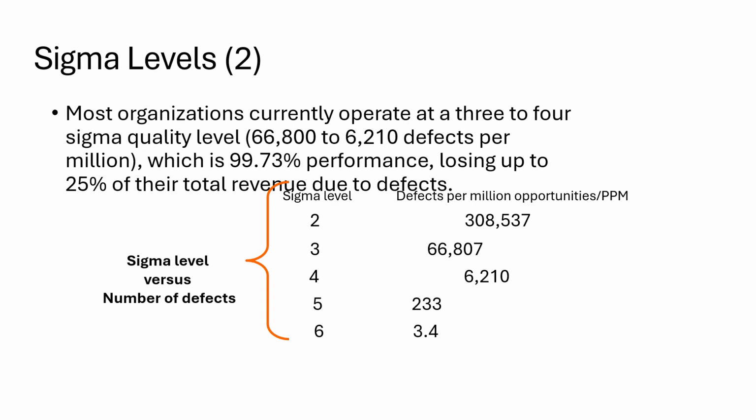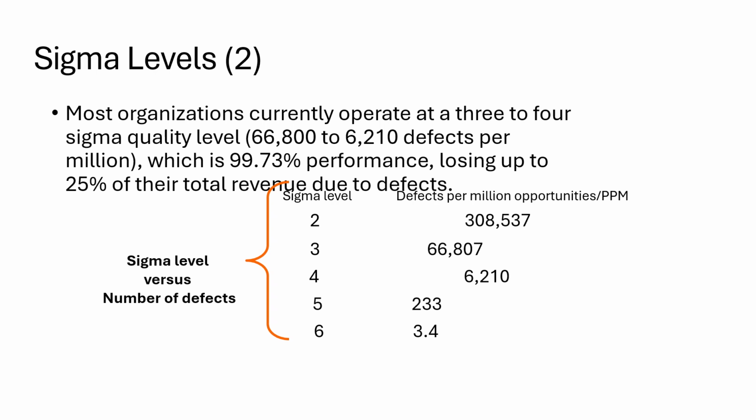Here it goes. The reason you're sitting in this class, your entity wants to operate at a 6 sigma level. 6 sigma level means that if you were to be in an assembly line and 1 million car widgets would be coming down the assembly line, getting ready to be shipped to a supplier, out of those 1 million car widgets, only 3.4 of those would have defects.